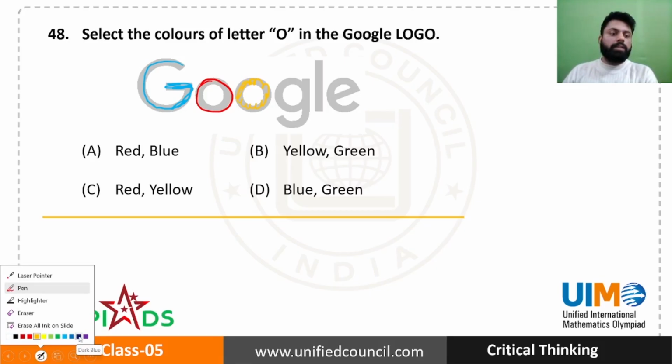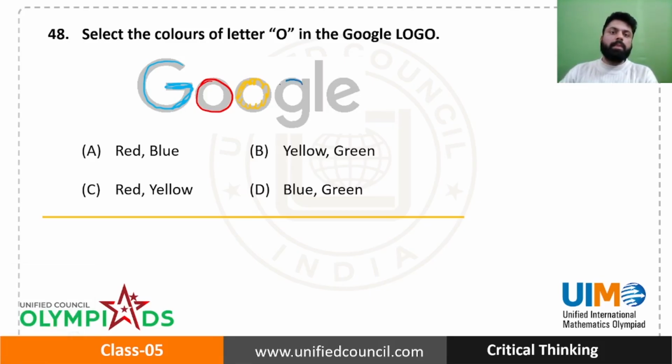Then the next one is again blue. Then we have green, and then finally we have letter red. So for letter O, the color is red and yellow. That means option C is the correct answer.